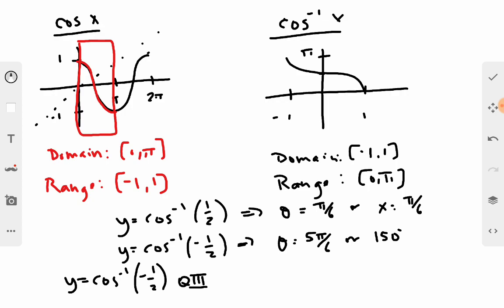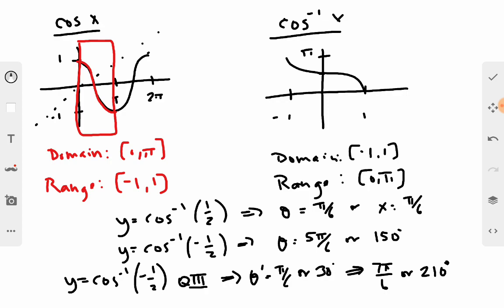Okay, so again, what we would get returned is 5 pi over 6 or 150, and that would tell us that our reference angle is pi over 6 or 30. And then we would have to find that angle in the third quadrant. So we would get 7 pi over 6, or 180 plus 30 is 210.